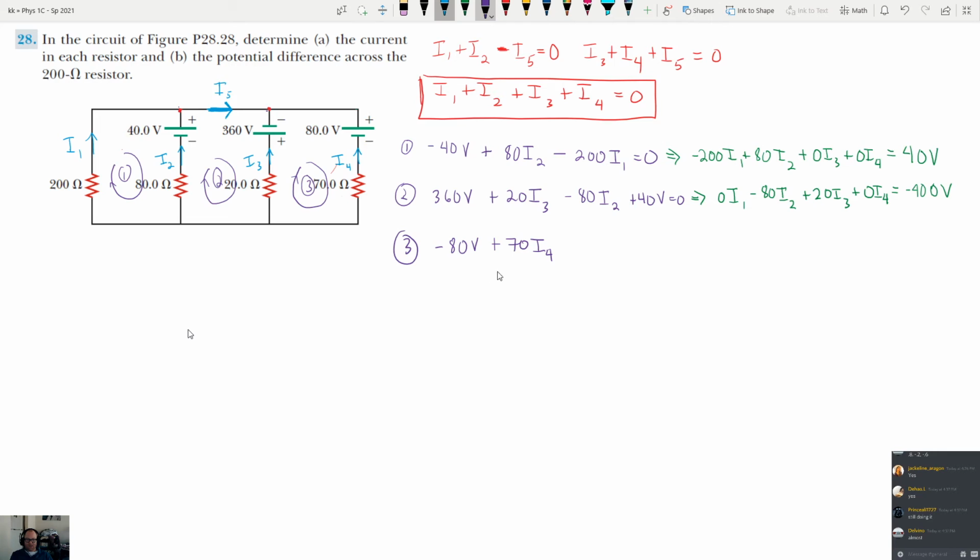Okay, negative 80, positive 70, and then, okay, we're going up this one now, so we're going the same direction as the current, so negative 20. And then plus to minus, so that's negative 360 volts equals 0. And then this gets reduced down to, there's no I1s or I2s.